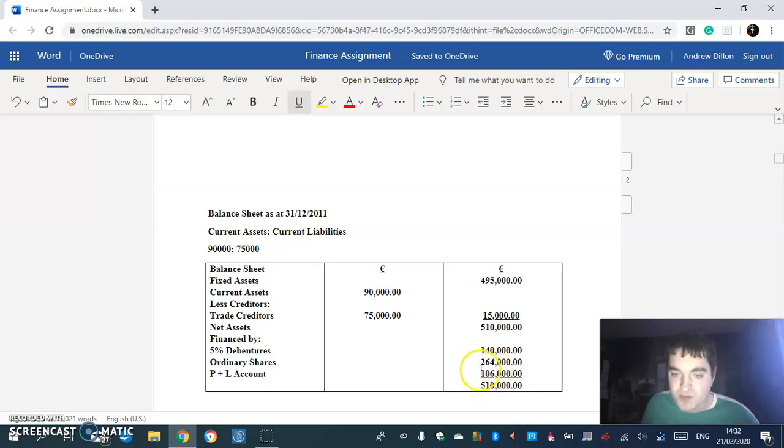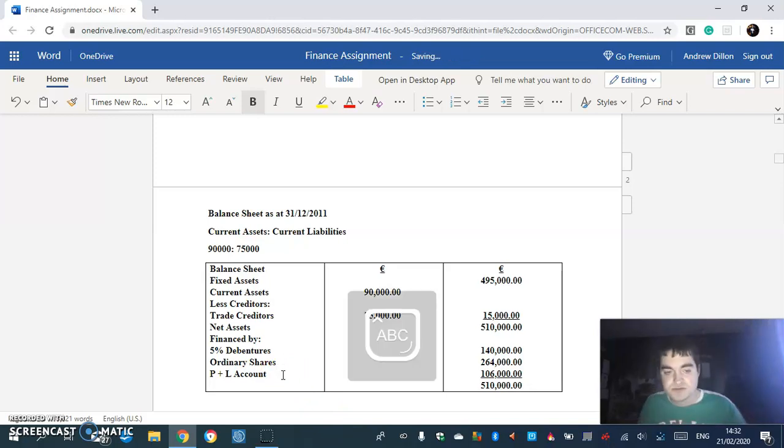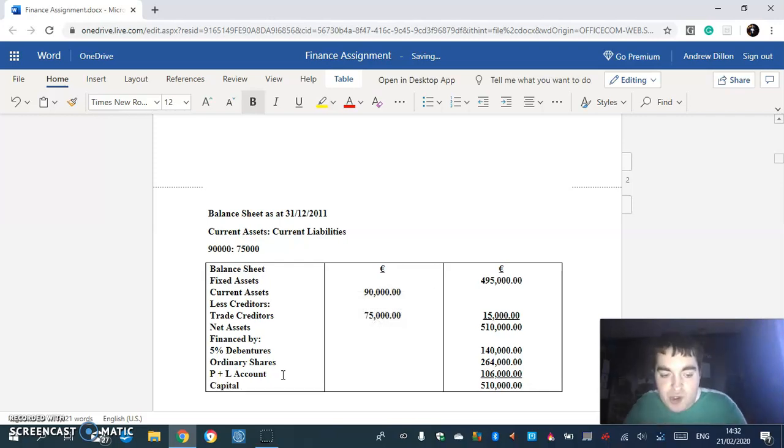To add all this together in figures, and once I got that, it was 510,000 euros, which I should call capital employed. Because this is going to be used in my return on capital employed once I calculate the return on capital employed.